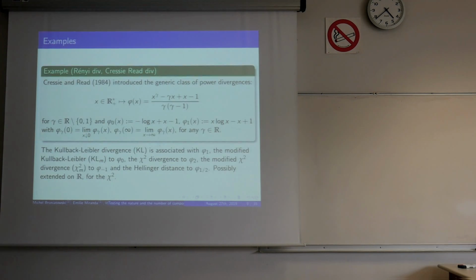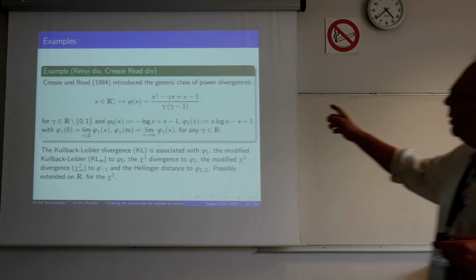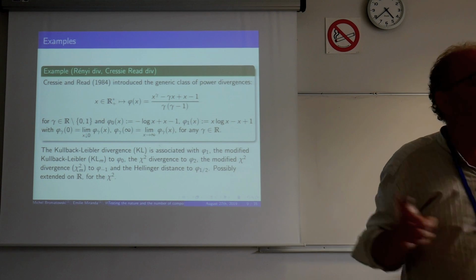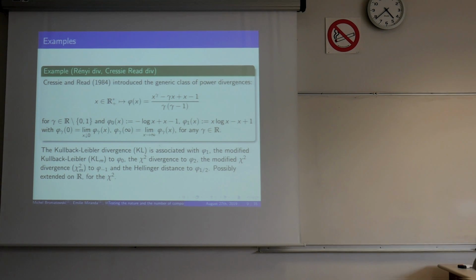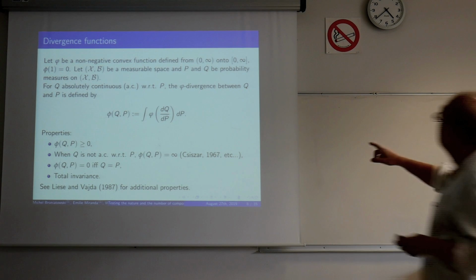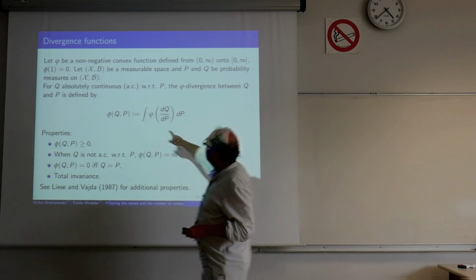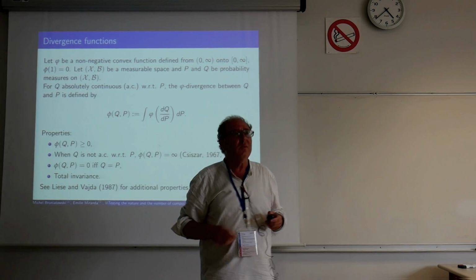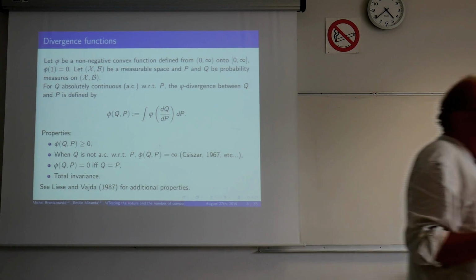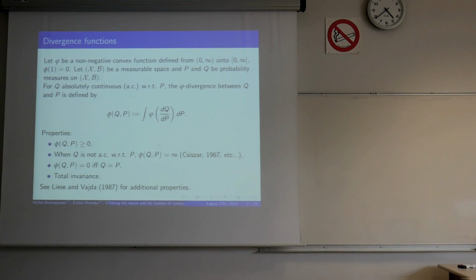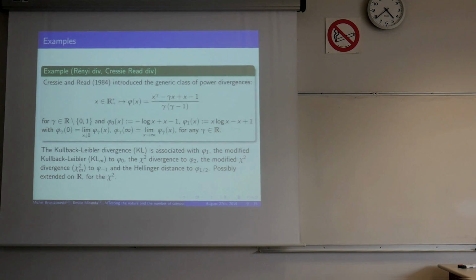So, examples. Here is a widely known family of such divergences. You see that all of those objects are defined through a function phi. And phi is convex and has some properties. It is quite customary for statisticians to consider classes of parametrized types of things.